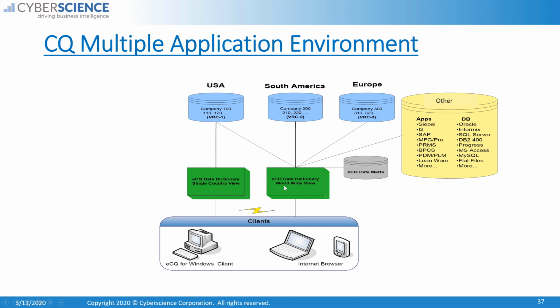Another user, connecting to the same server, may see multiple tables, or multiple VRCs, or multiple applications. Again, it's all based on user profile, either the user level or the Active Directory level. They may or may not see EC2 data marts and cubes. Again, it's all based on user profile. Again, Active Directory we support, as well as single sign-on, as well as by ID.